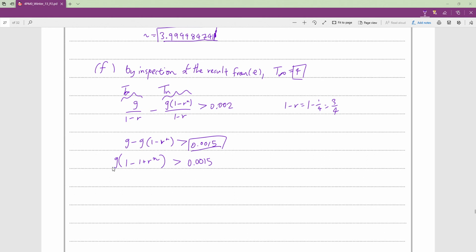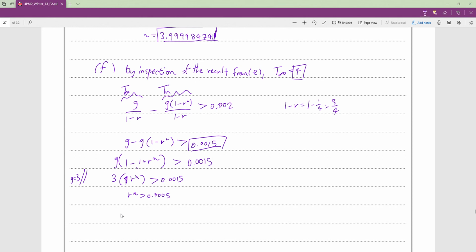As you can imagine, the next step would be dividing both sides by g. Because g is 3, and 3 times r to the n, because we factorized g out, this minus sign multiplies by the minus sign here to get a positive r to the n, and to subtract the 1 from the 1 that we already had. 3 times r to the n is greater than 0.0015, or r to the n is greater than 0.0005, because we divided both sides by 3.